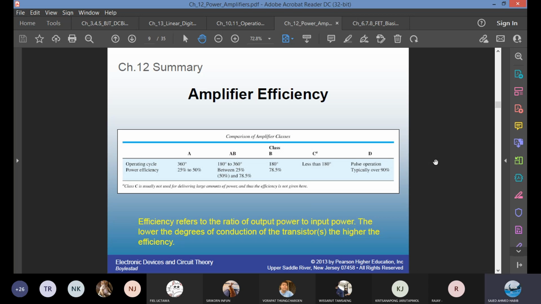Class C efficiency is not usually defined or used because it is mostly used in radio communication circuits, which do not use a large amount of power. So efficiency is not given here. What is efficiency? Ratio of output power divided by input power. You have to multiply the ratio by 100, then you get percent efficiency.